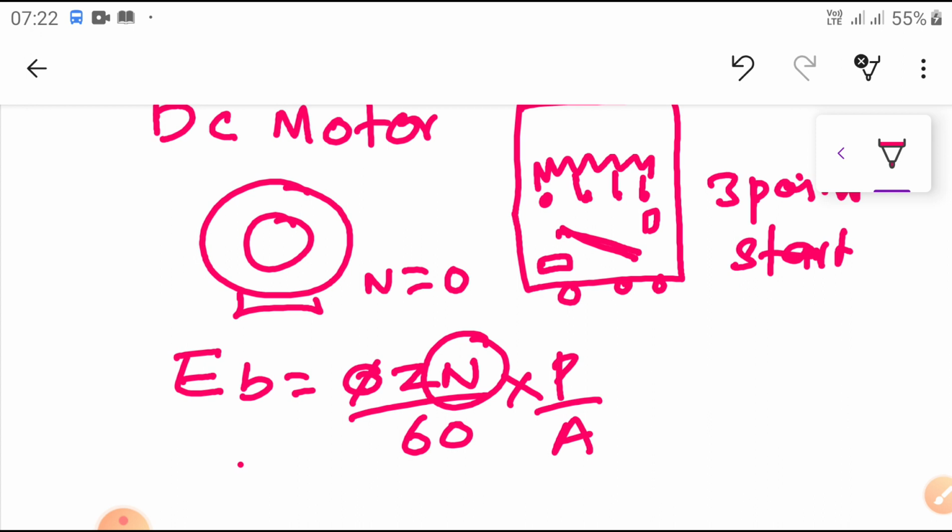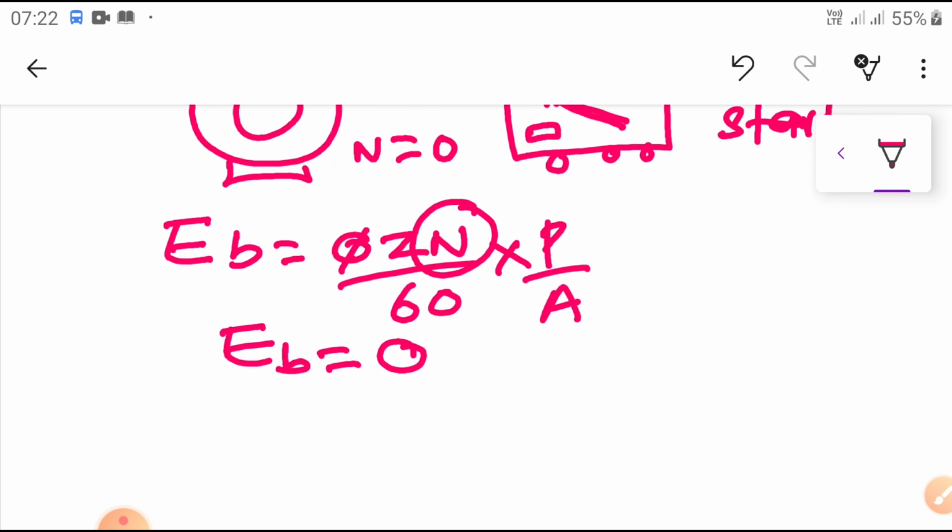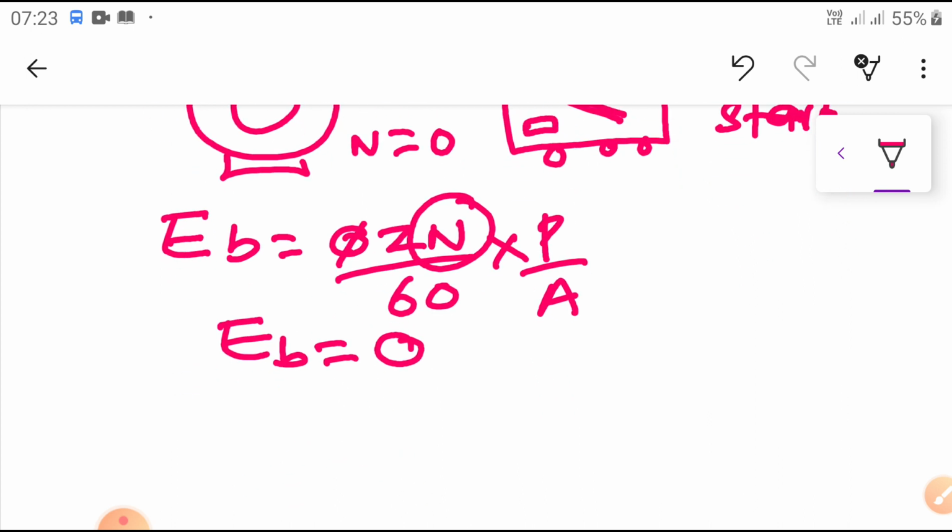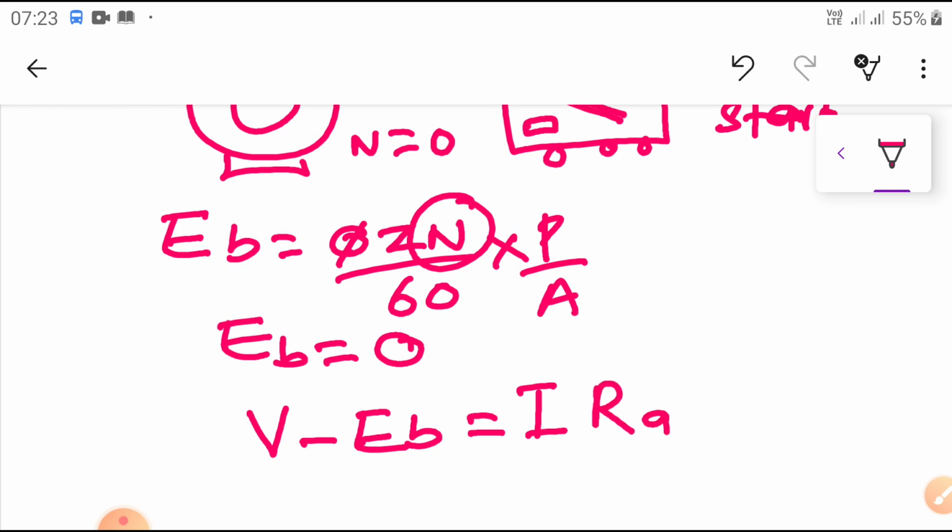Hence Eb, the back EMF, becomes 0. At that condition, what is the current? We know that applied voltage V minus Eb is equal to I into Ra. This is the equation for DC motors.